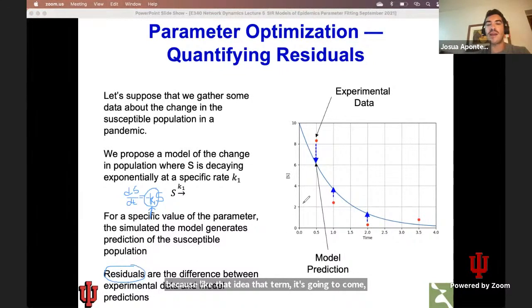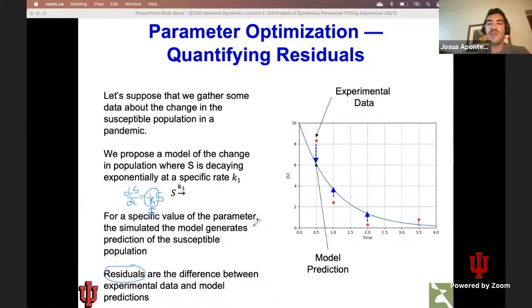Again, the residuals refer to the difference between the model prediction and the data at a single time point, right? So for each single time point, we have a different residual that we quantify as the distance between model prediction and the data.